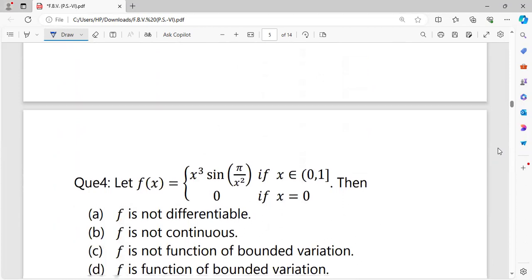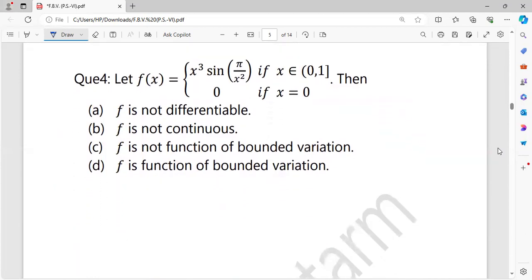Now move to the next question. In this question sine is given, but we have the same characterization. We have studied this.